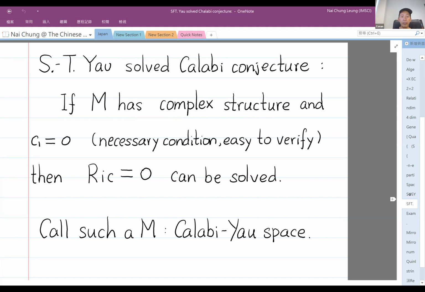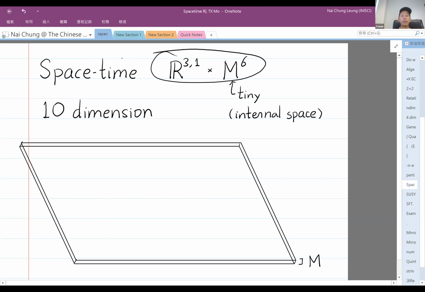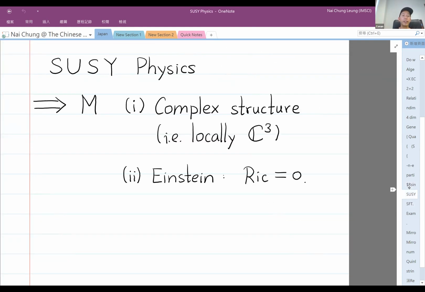Again, what is the space? It is the internal tiny space in the 10-dimensional space, a space with a lot of geometry governed by the physics of the 10-dimensional supersymmetry, which has to have a complex structure and solve the Einstein equation.